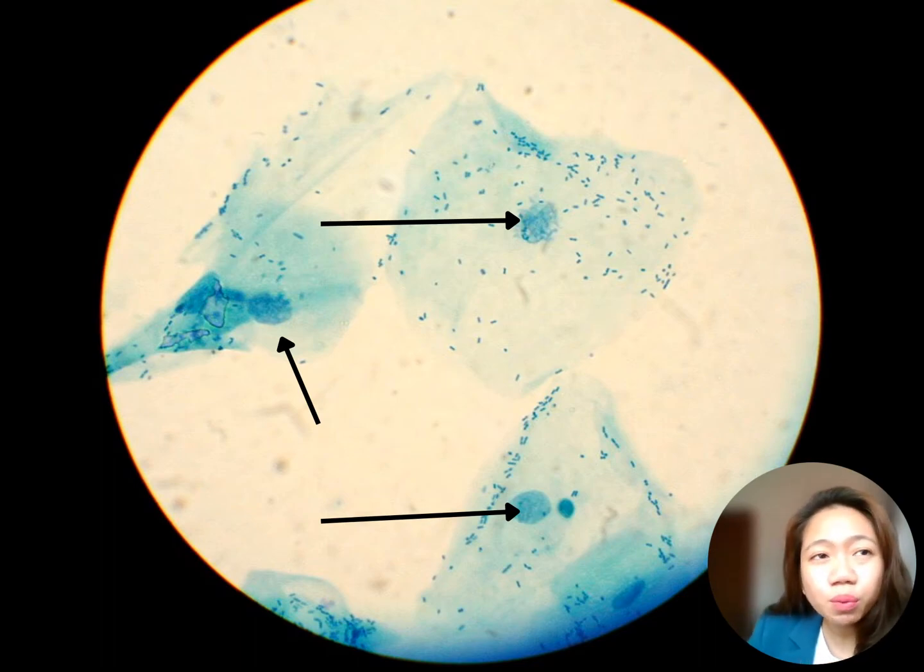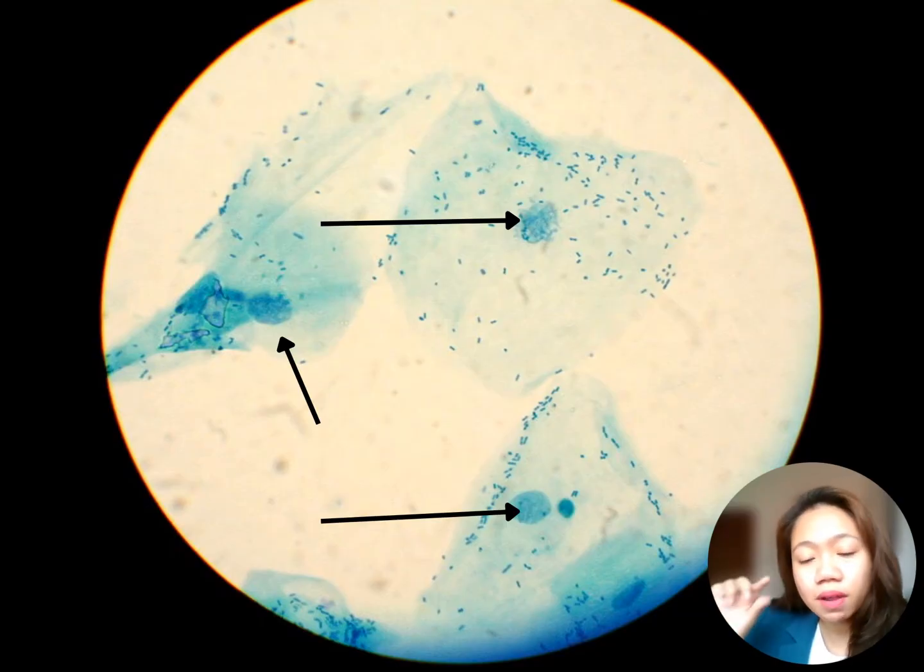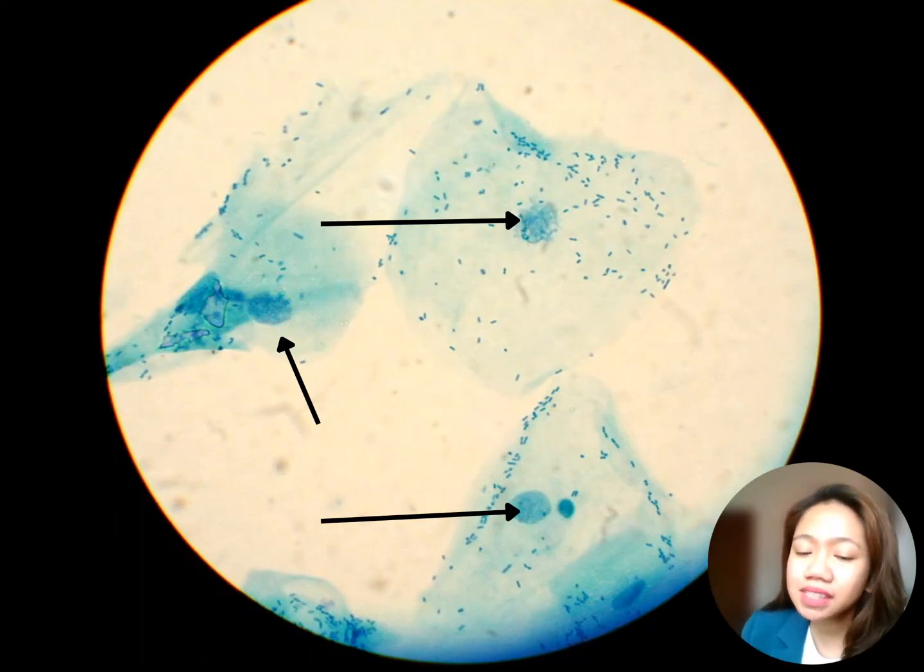In other words, bacterial cells are typically very small. That's what we're going to discuss today: the variations, similarities, and differences between the different types of cells, namely prokaryotes, animal cells, and plant cells.